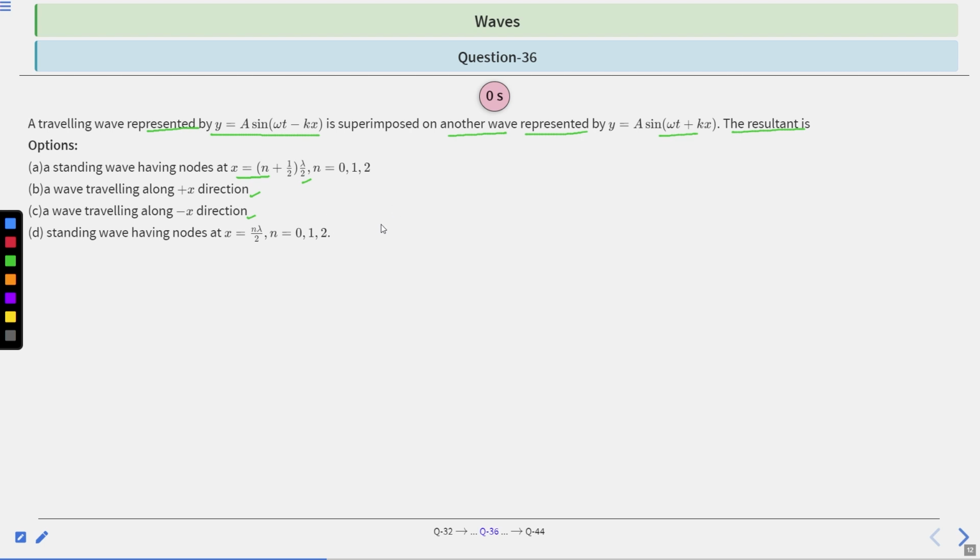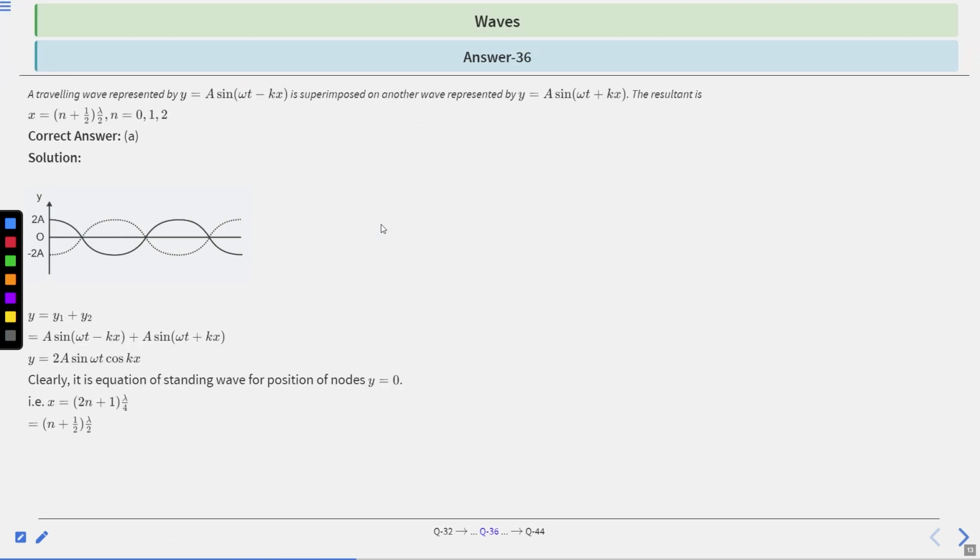Let's find a solution. A traveling wave represented by y equals a sin(ωt minus kx) is superimposed on another traveling wave. We know y equals y1 plus y2, where y is the resultant. So y1 is a sin(ωt minus kx) plus y2 is a sin(ωt plus kx).